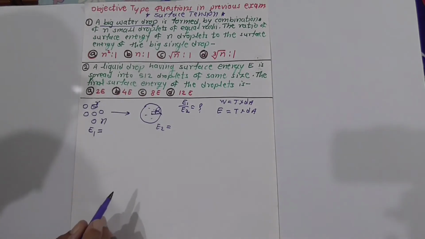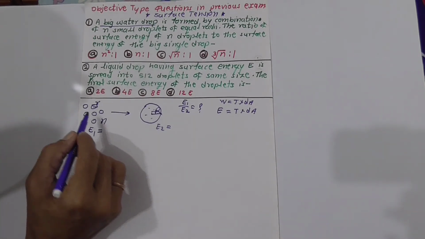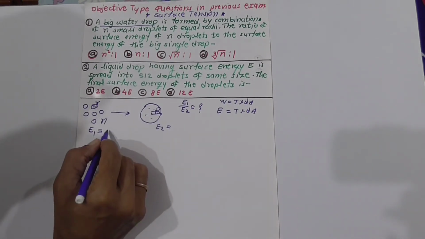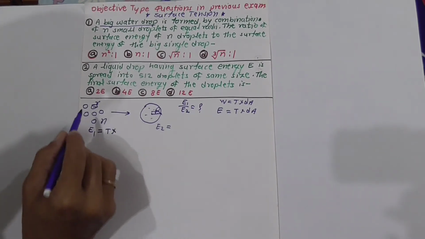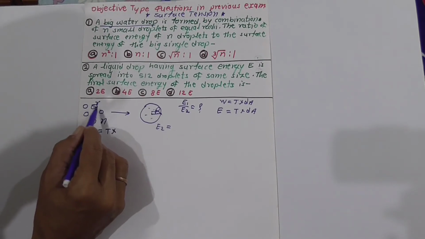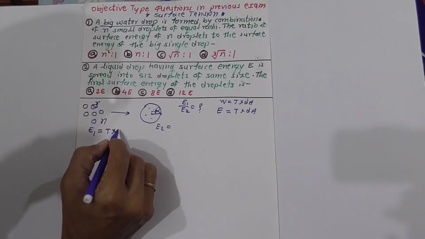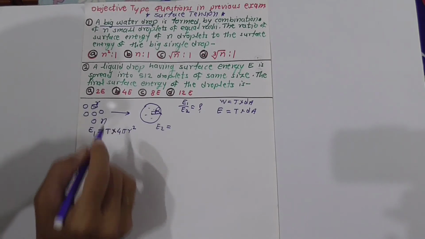Let me begin with E1 as the energy of all these n droplets. How can that be obtained? Again, by that expression, T into dA. dA means the area of each droplet multiplied by the number of droplets. The area of each droplet is 4 pi small r square, as it is spherical in shape.